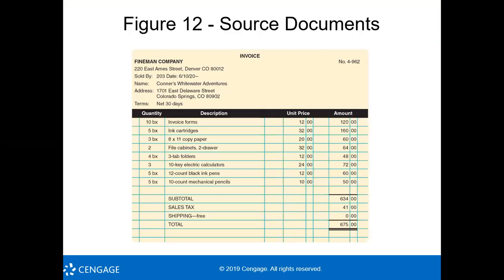All right, so source documents, we talked about source documents in chapter 1, chapter 2. Basically, we use many different source documents to determine what needs to be recorded and how it should be recorded, the amount that it should be recorded for, the date it should be recorded on, all that jazz.